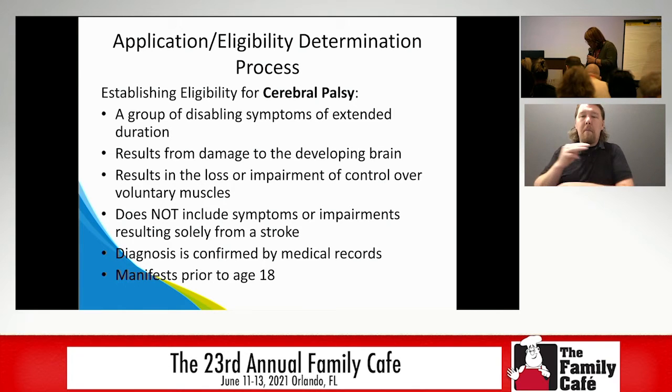For the purposes of this definition, cerebral palsy does not include those symptoms or impairments resulting solely from a stroke. Diagnosis is confirmed by written documentation from either a medical doctor, a doctor of osteopathy, or other medical records documenting a diagnosis of cerebral palsy prior to the age of 18.